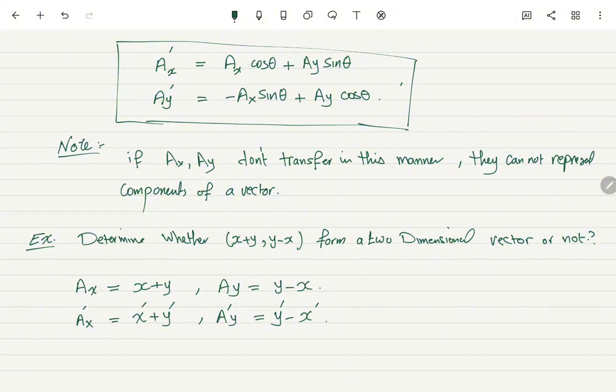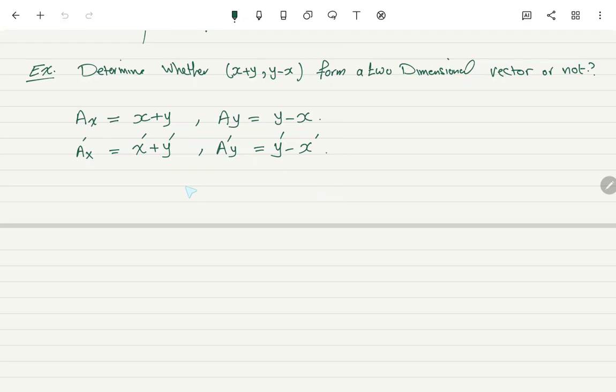If we substitute them back in, remember, x prime equal to x cosine theta plus y sine theta, and y prime equal to minus x sine theta plus y cosine theta.